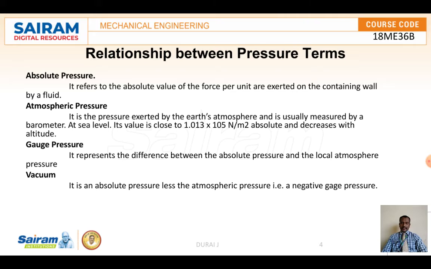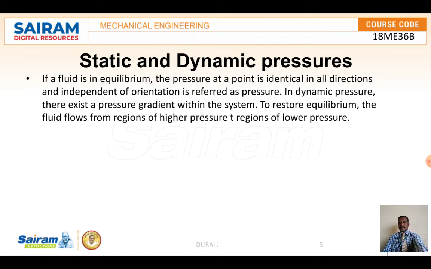Okay. Then comes the gauge pressure. It represents the difference between the absolute pressure and local atmospheric pressure, called gauge pressure. Then vacuum pressure is the absolute pressure less the atmospheric pressure, also called negative pressure.